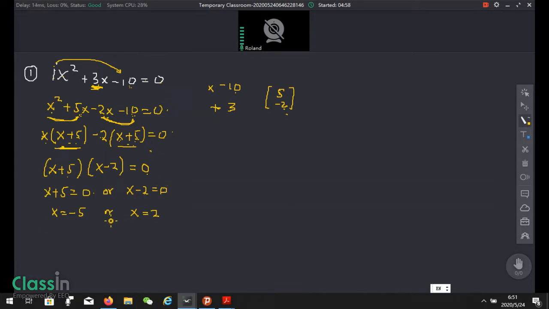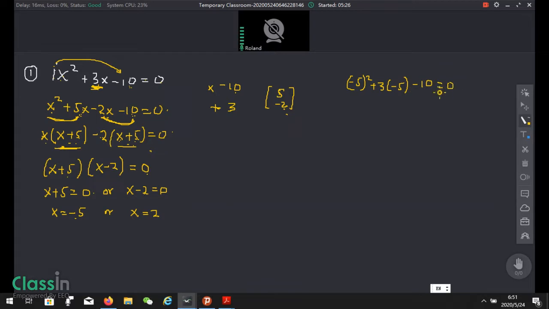We can check if our answers are correct. We can substitute x equals negative 5 into the original equation to see if it satisfies it. If x is negative 5, we have x squared, so that becomes negative 5 squared, plus 3x, that is plus 3 times negative 5, minus 10.